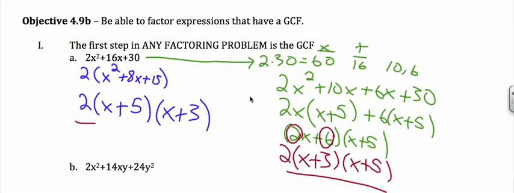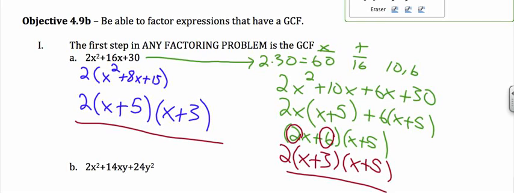Now, our answers match. So even if you forget to take out a GCF and you end up doing the problem a longer way, you should still check for a GCF at the end, because that way you can make up for any mistakes you might have made by missing it at the beginning. But try your best to just look for that at the beginning. It makes your life so much easier.